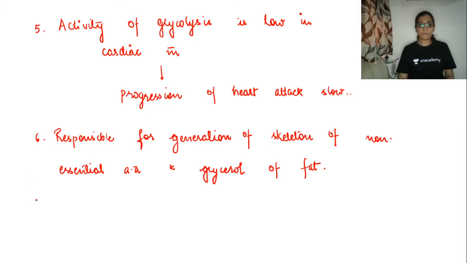Next, the reversible steps are responsible for gluconeogenesis. Out of all the steps of glycolysis, just 3 steps are irreversible. The rest are all reversible.